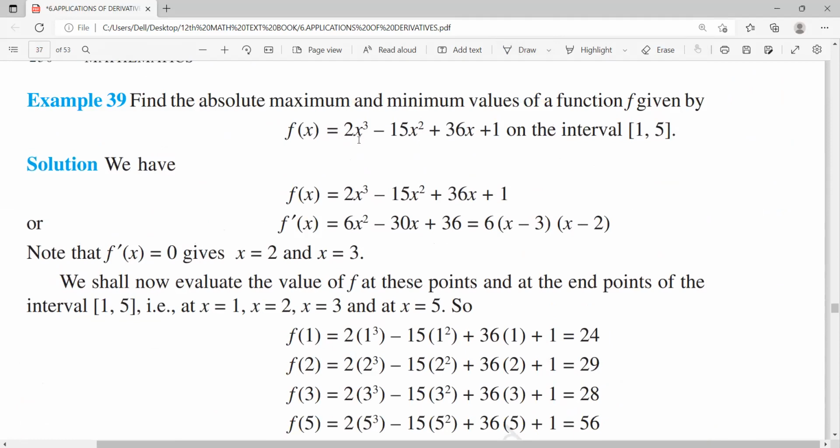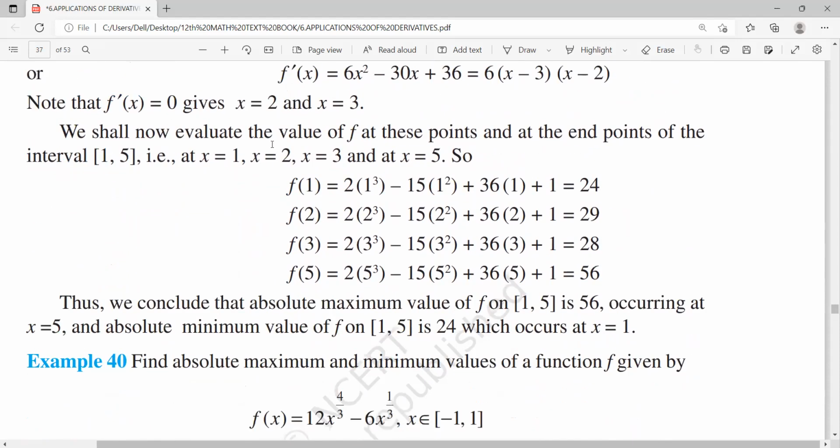Here, third degree means how many turning points do you get? 2 turning points plus 2 endpoints. Total 4 points you need to check. So here what we got is 1, 5 and 3, 2. Then f of 1, f of 2, f of 3, f of 5. You check all these values.